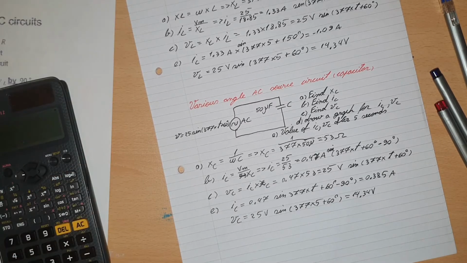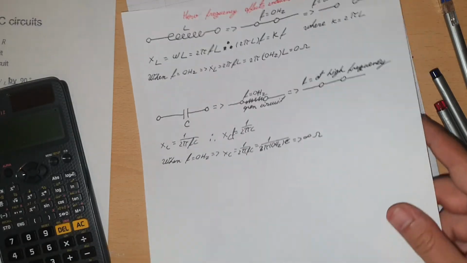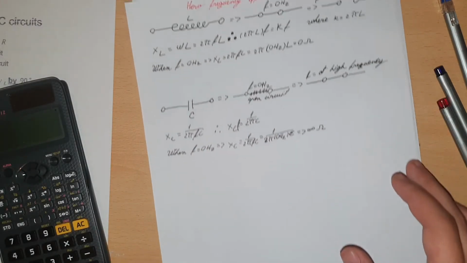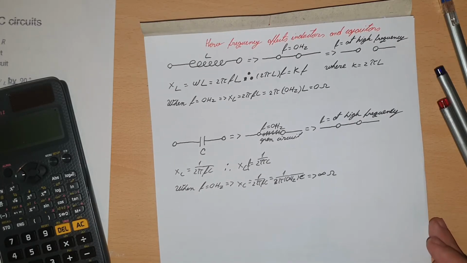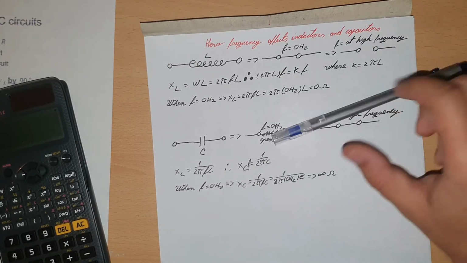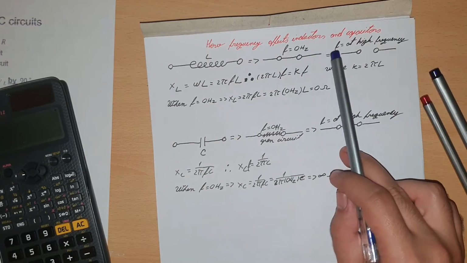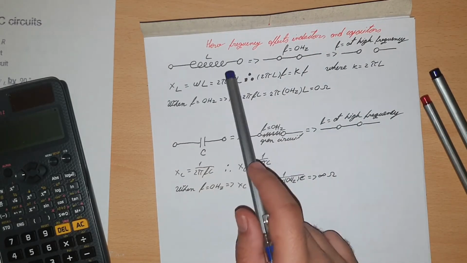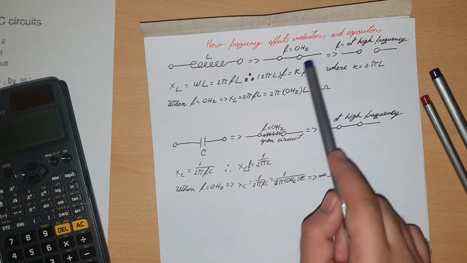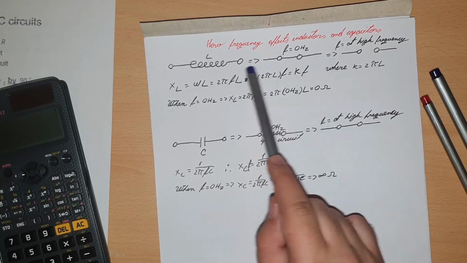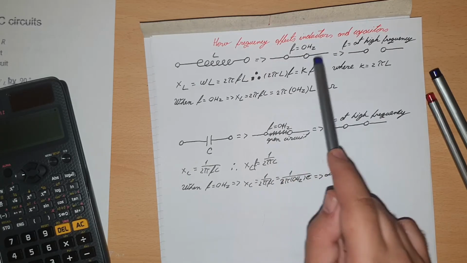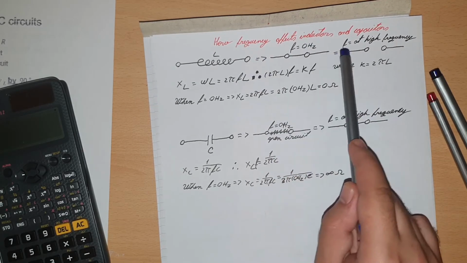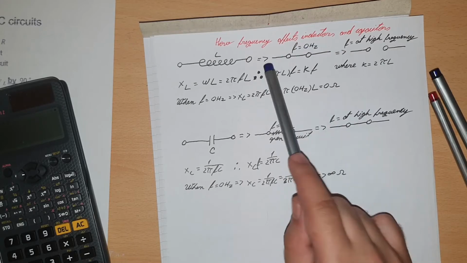But before I pause, let me show you this bit of theory that I forgot to show you at the beginning. It's not very important because we already covered a little bit. Basically I wanted to show you how frequency affects inductors and capacitors. In an inductor, if the frequency is 0, it acts as a short circuit, so all the current will go through it without any problem, because it's a very low frequency.